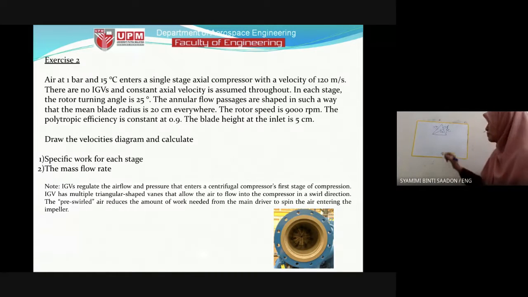Tangent beta 1 is U over CA1. We change this U to meters per second, and we have CA of 120 meters per second, the velocity at which the compressor enters the single stage.